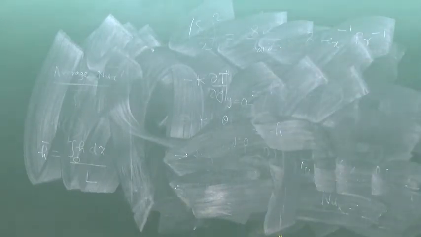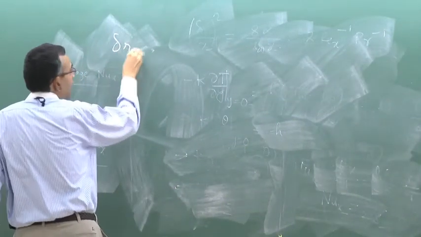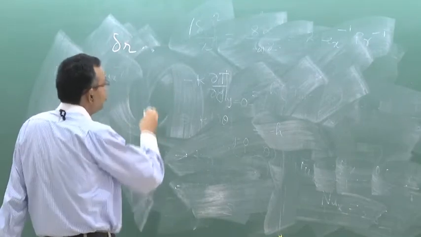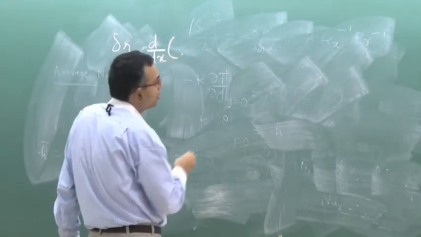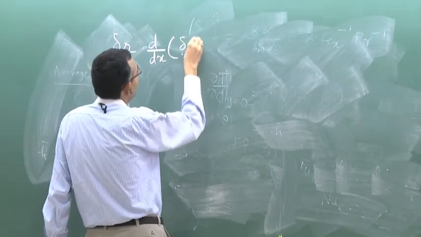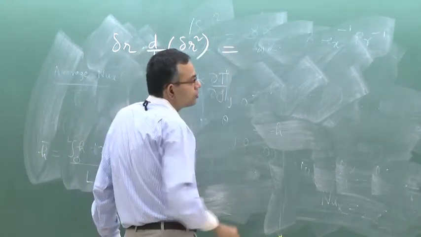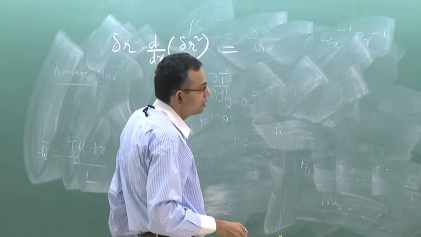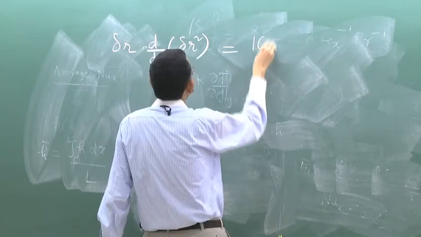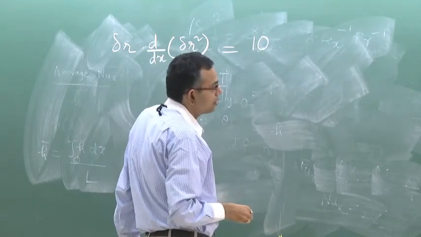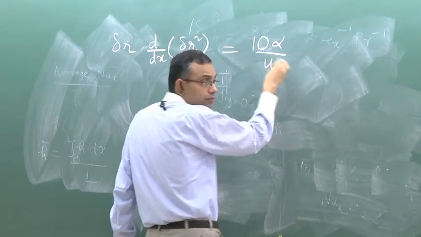So d dx of, so we can write delta R into d dx of delta R square is equal to 10 alpha by U infinity.